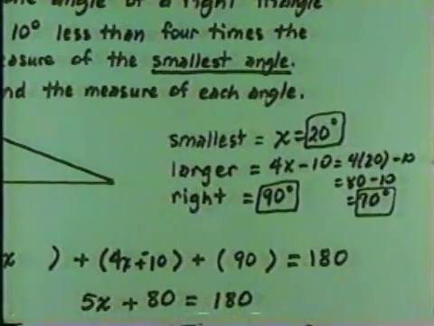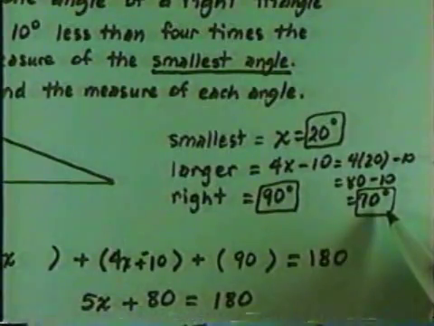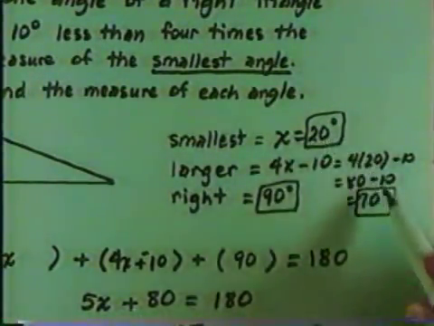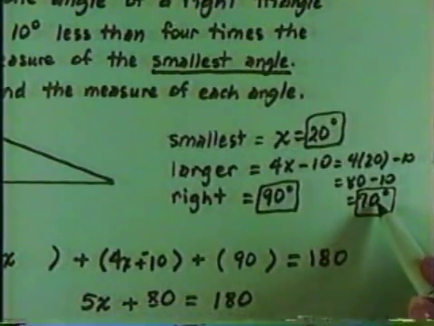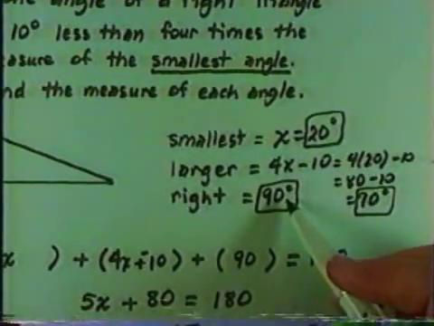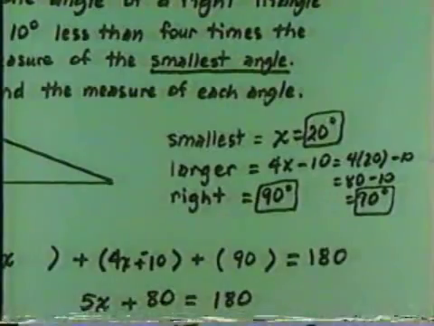Now, do they check in the words? One thing we can check immediately is, do these three values add up to 180? Well, 20 plus 70 will be 90, and 90 plus 90 will be 180. So that means these three will fit in a triangle.